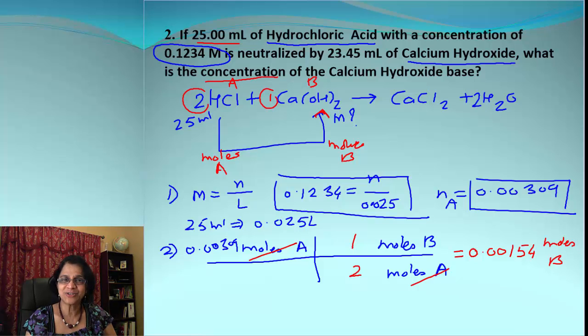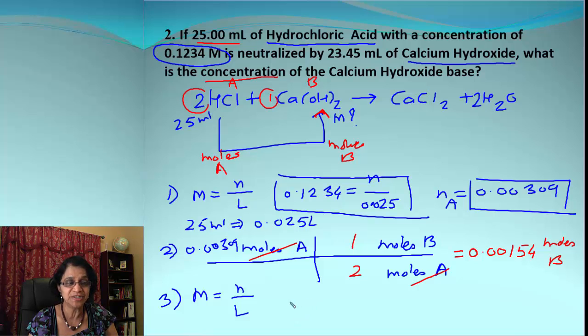And that leads us to step number 3. Step number 3 is going from moles of B to the molarity. Again, we are going to use that popular equation. Molarity is number of moles divided by liters.